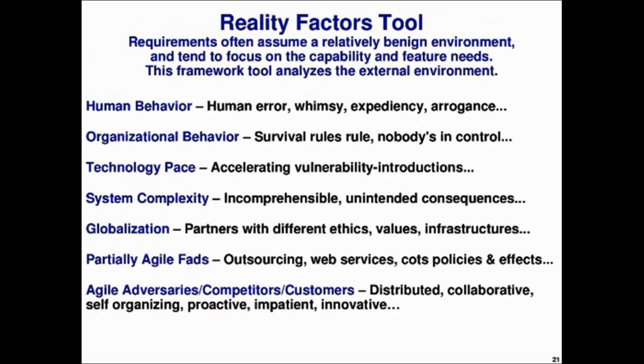Okay, second tool is something we call reality factors. If you can characterize the operating environment for your system engineering process and/or your system engineered product, the next step that we have found useful to go through, if you're really disciplined enough to try and objectively characterize the operating environment before you run down the here's-my-solution path, is to come to grips with the uncooperativeness of that environment.